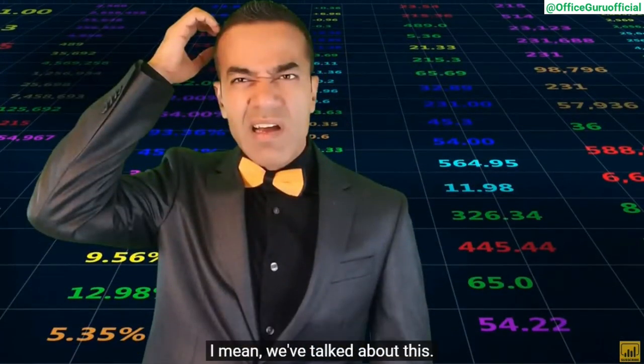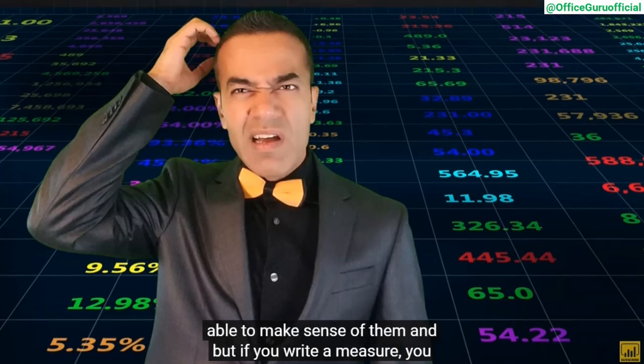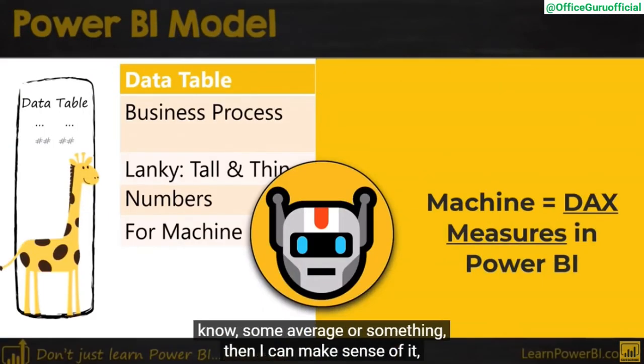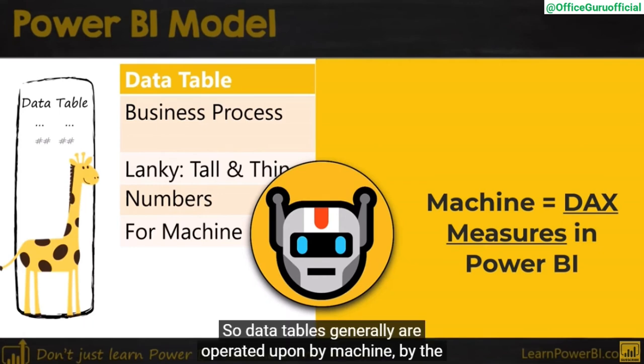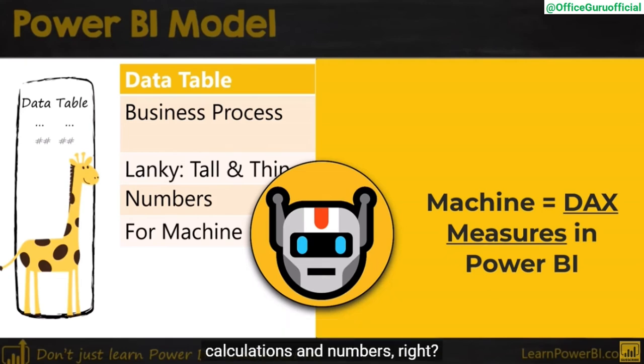We've talked about this. You put 100 numbers up on the wall, I probably wouldn't be able to make sense of them. But if you write a measure, some average or something, then I can make sense of it, right? So data tables generally are operated upon by the Power BI machine, in our case, via DAX measures. So that's where we expect to be writing most of our measures and calculations and numbers, right?